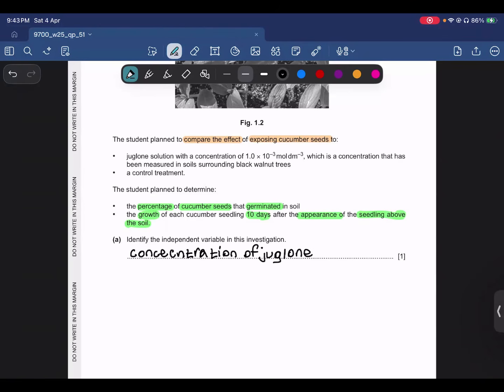Has no effect on the experiment. Partially true, partially true. So basically यहाँ पे हमारा इंडिपेंडेंट वेरिएबल था जगलन की कंसेंट्रेशन. कंट्रोल एक्सपेरिमेंट यहाँ पे ऐसा होगा कि हम कोई भी जगलन नहीं लेंगे. We'll take 0 mol/dm³ of juglone.